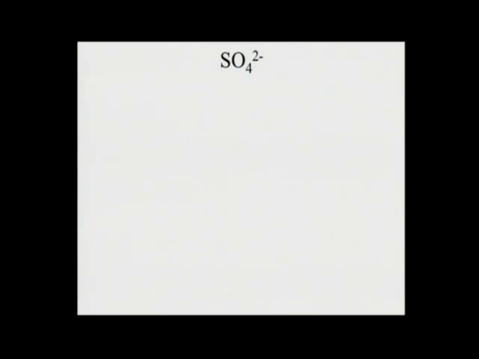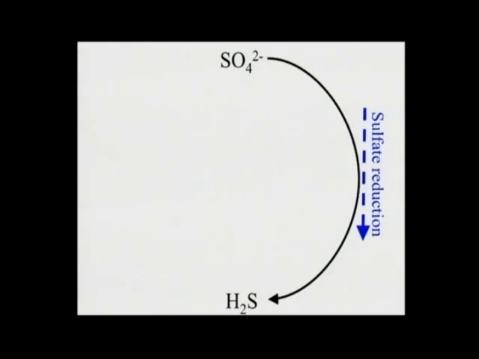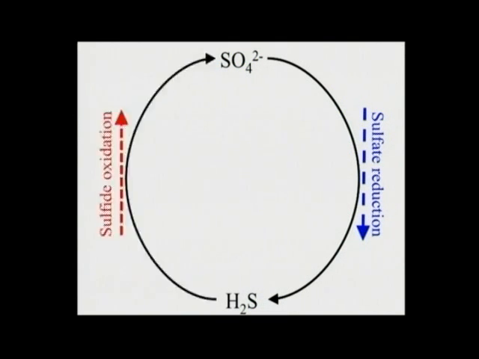If you look at the redox transformation of sulfur, we have sulfate as the most oxidized form. This sulfate can be reduced into sulfide, which is the most reduced form. This sulfide can be reoxidized to sulfate.